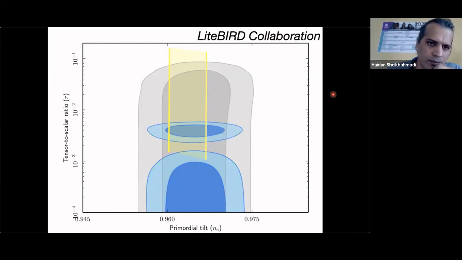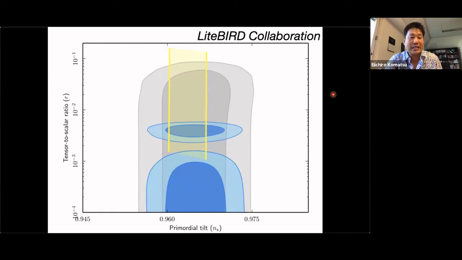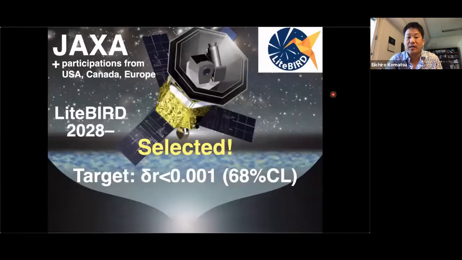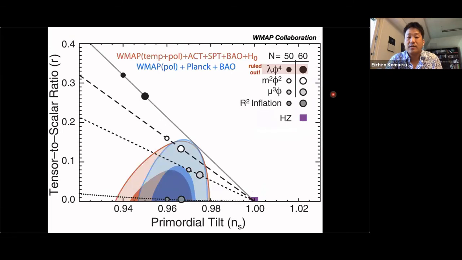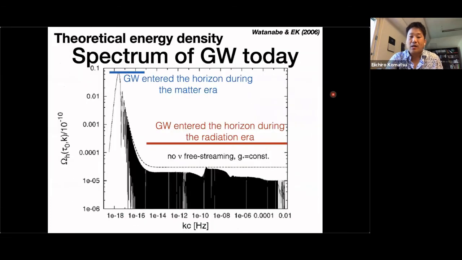Usually reheating wouldn't leave much imprint in the CMB, but during reheating, especially preheating, there are violent nonlinear interactions of the fields. They produce copious amounts of gravitational waves at high frequency.